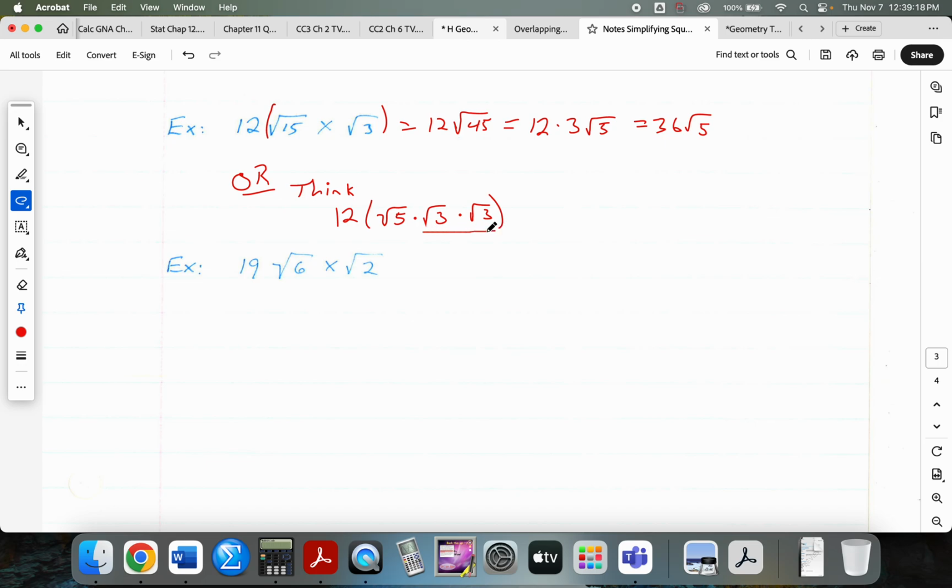And what's the square root of 3 times the square root of 3? 3. And 3 times 12 is 36 square roots of 5. If you can do that, it's great because it's a little bit faster.